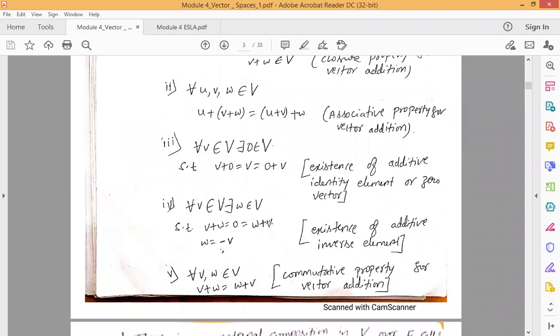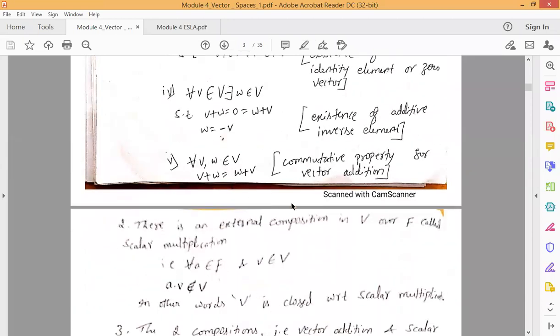Whenever we ask a problem like check whether the given set V is a vector space or not, we have to check for vector addition as well as scalar multiplication. When checking for the vector addition, all these properties need to be verified. Assuming some set elements, you need to apply all these properties and verify whether it is satisfying the vector addition or not.